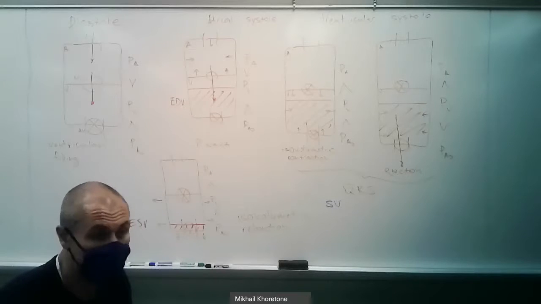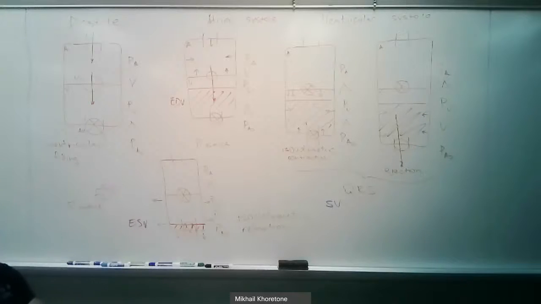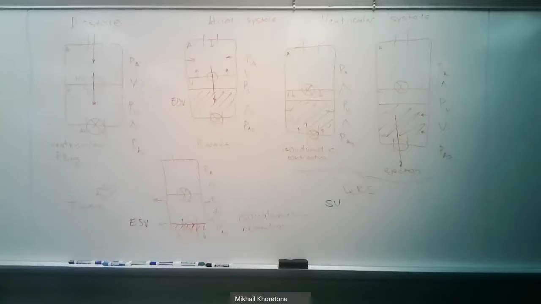Amount of blood that the heart pumps with each heartbeat. Good? Look at the board and tell me what is the mathematical equation to express stroke volume. What is stroke volume? Everything is written there. How would you calculate stroke volume?